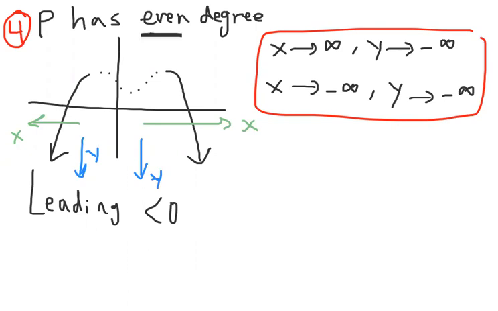If the degree is even and the leading coefficient is negative, it looks like a parabola facing down. So when x goes to infinity, y goes to minus infinity, and when x goes to minus infinity, y goes to minus infinity. Is it clear?